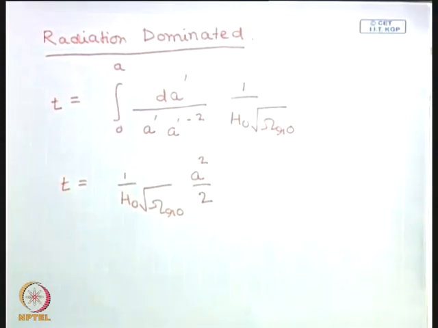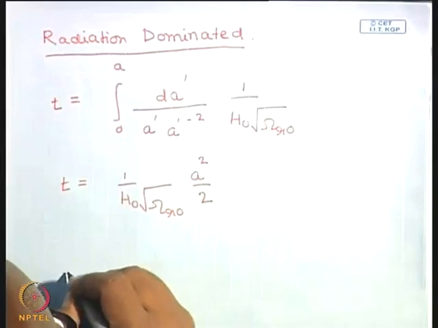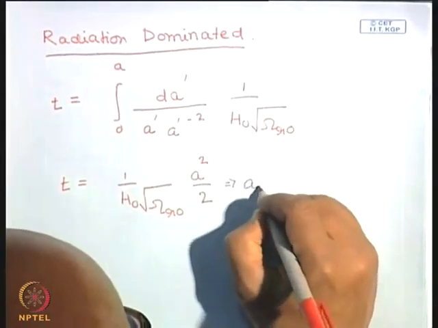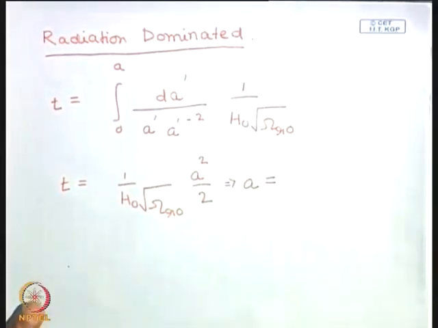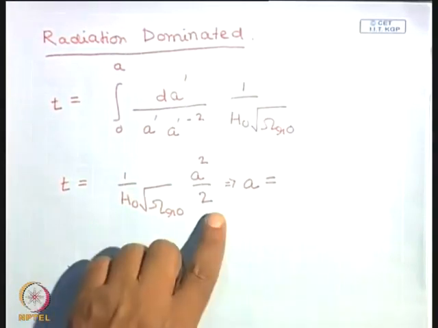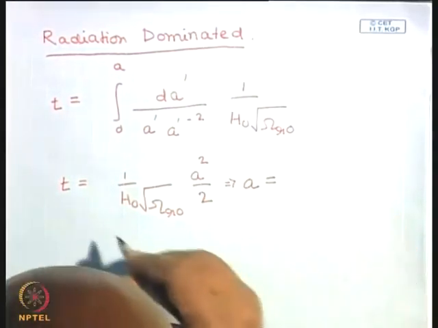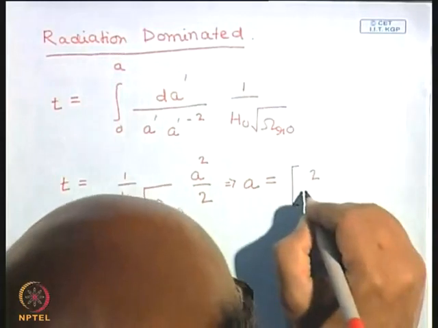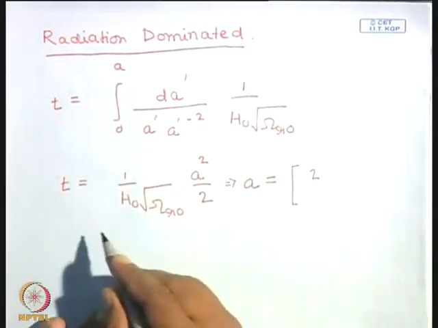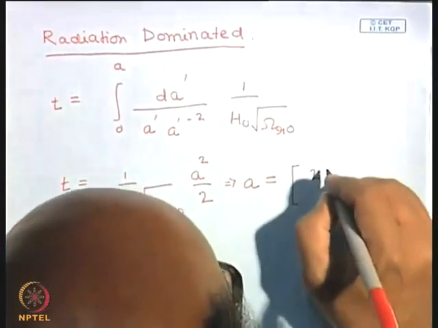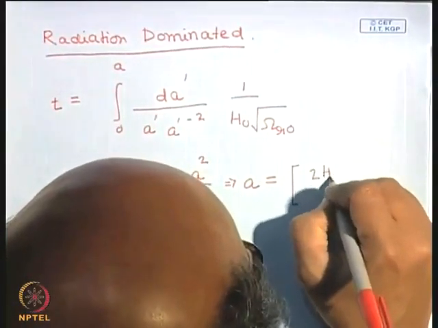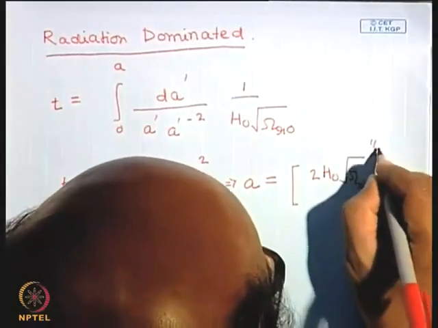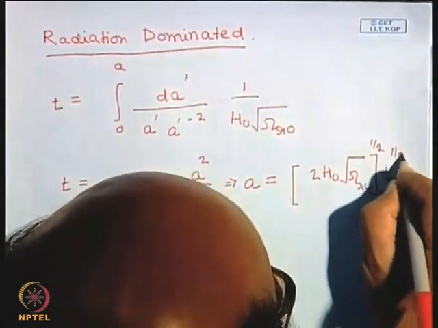Or you see that the scale factor a is equal to 2 H naught square root of Omega r naught to the power half t to the power half.